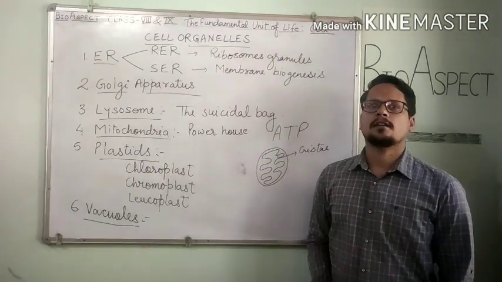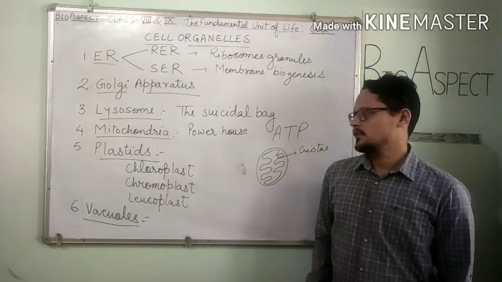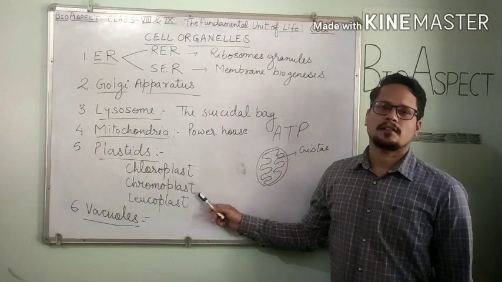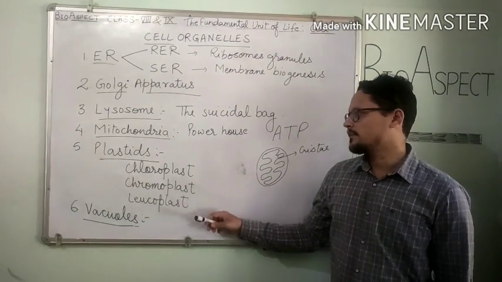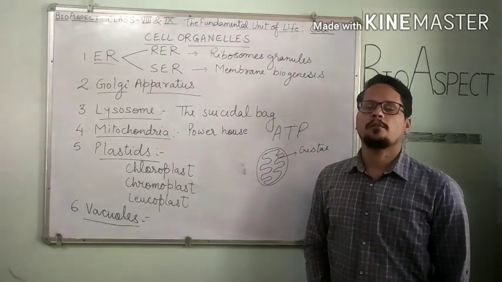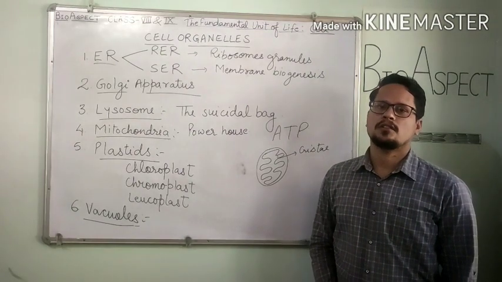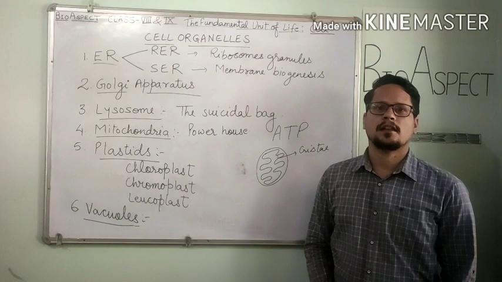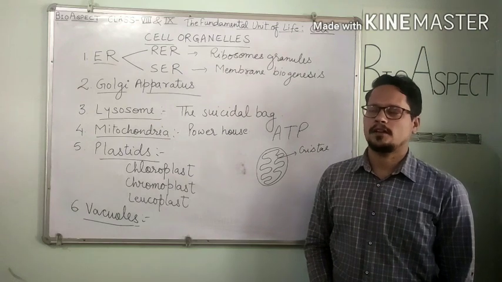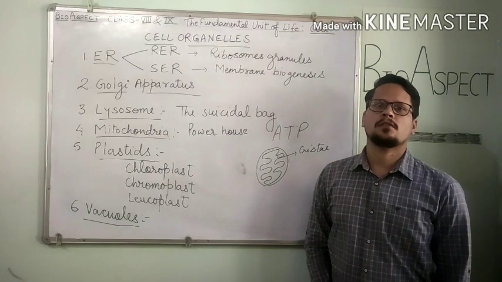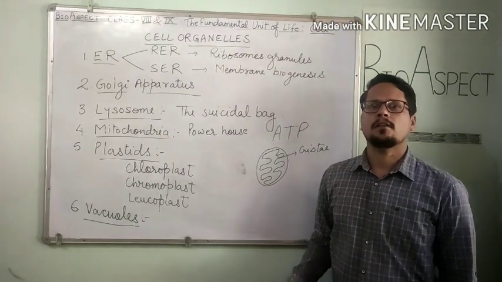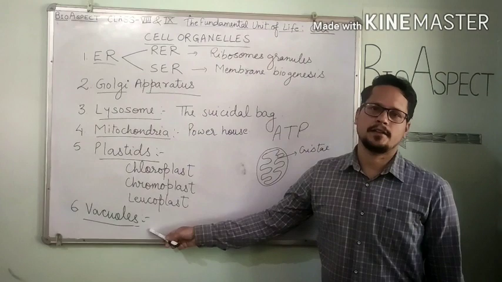Chromoplasts provide the color other than green for different parts like flowers, stems, twigs, etc. Leucoplast has no pigment, and its function is to store food like oil, starch, etc. Vacuoles are the storing sacs which are useful for storing solid or liquid content.